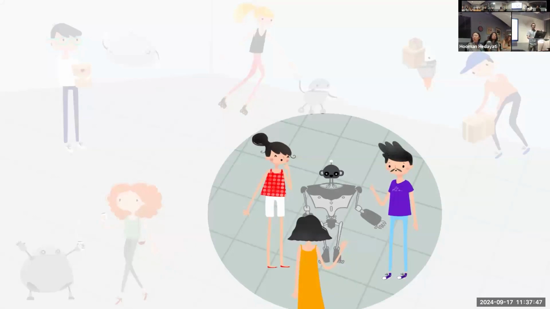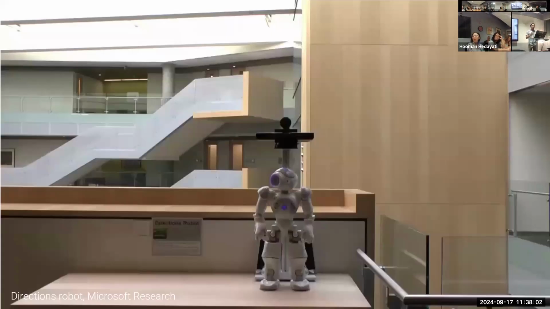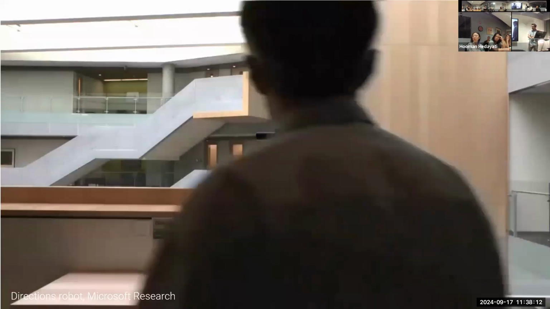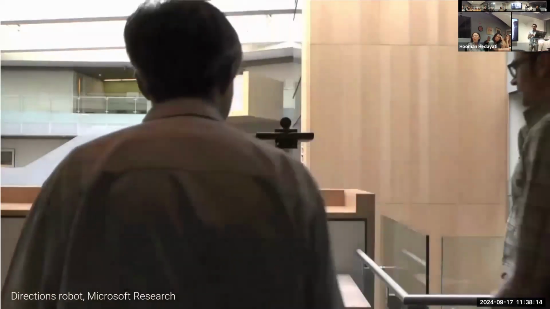Since it's a broad scope, we are going to focus only on human-robot conversational groups and on social robots. The projects that I'm going to show you are based on the three places that I worked with. The first one is the Direction Robot at Microsoft Research, which gives directions to people.